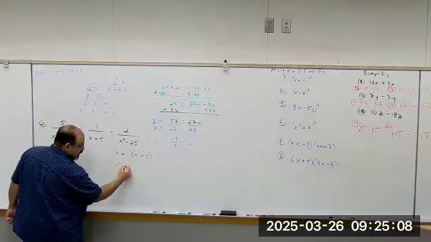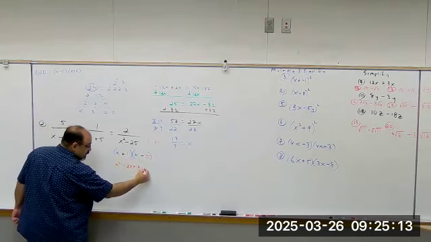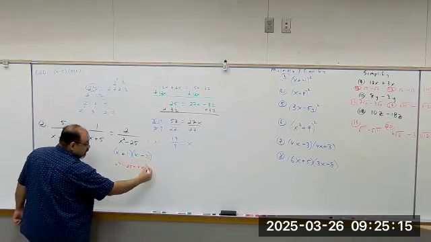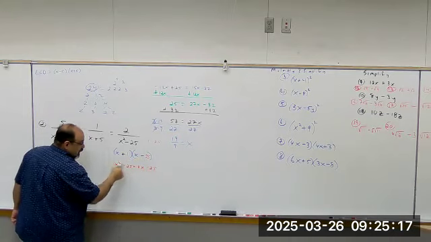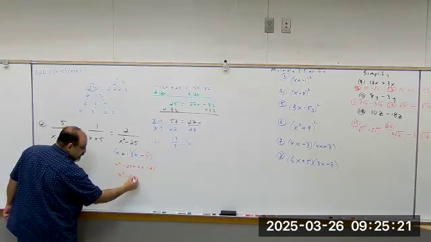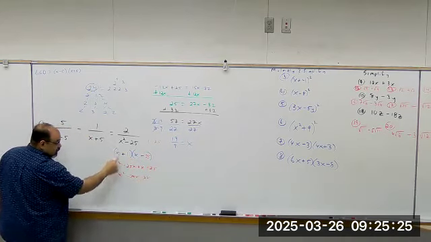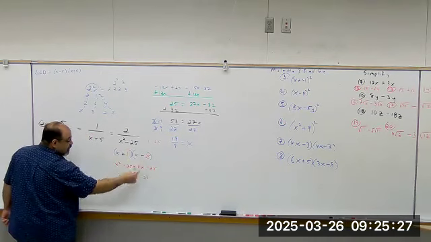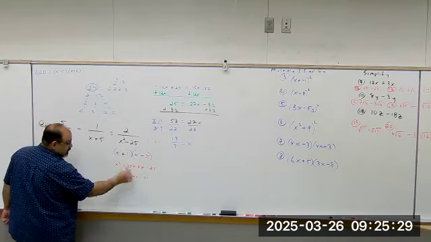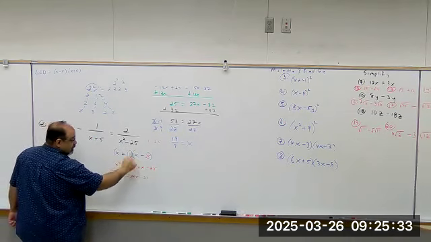X times negative 25 is minus 25x. 1 times x is plus x. 1 times negative 25 is negative 25. If I multiply this out, I get x squared minus 24x and a minus 25. I have the x squared, I have the negative 25, but I have this in the middle. I don't have 0 in the middle. So this isn't the answer.